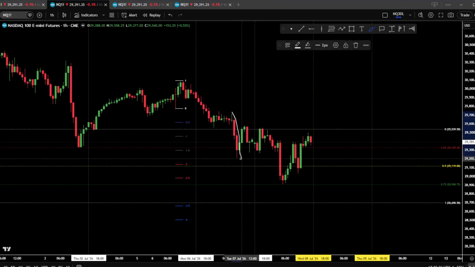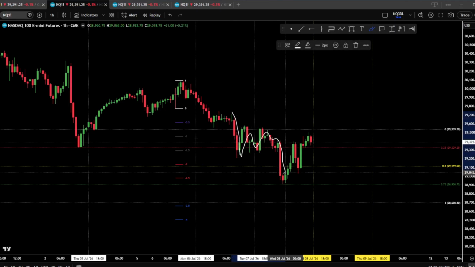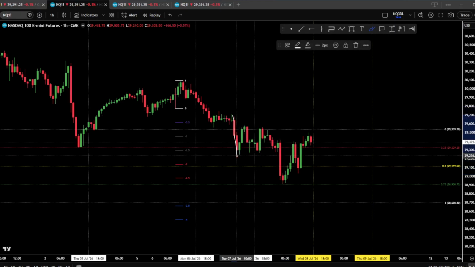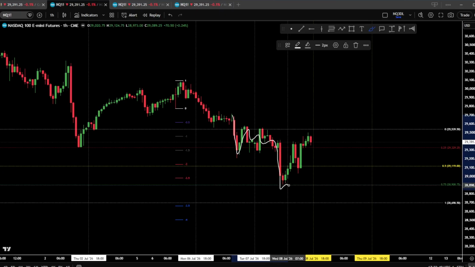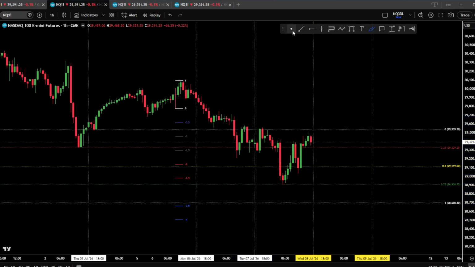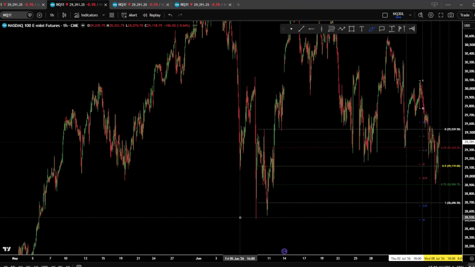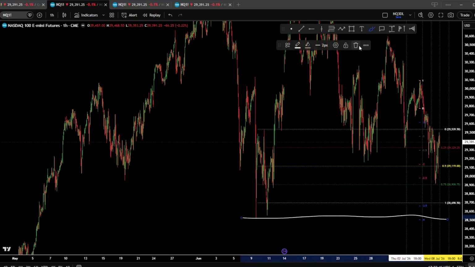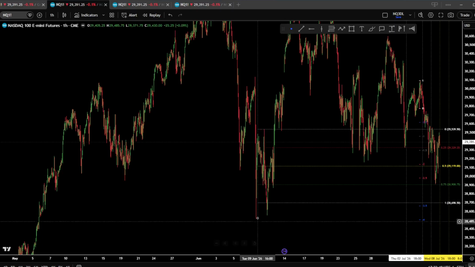Was it going to expand, consolidate, expand, reverse? Or was it going to expand, consolidate, expand, consolidate, expand, and so trade towards the intermediate term low here, the daily intermediate term low I'm talking about.